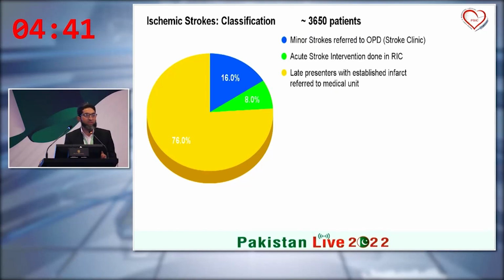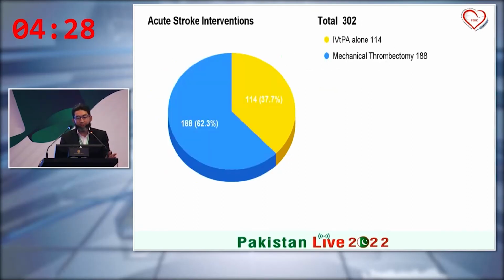And 76% of ischemic stroke patients presented late. Some of these could have been candidates for stroke intervention, but due to lack of awareness they presented late to the hospital.